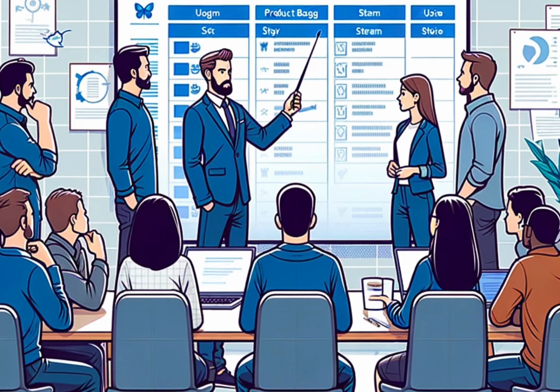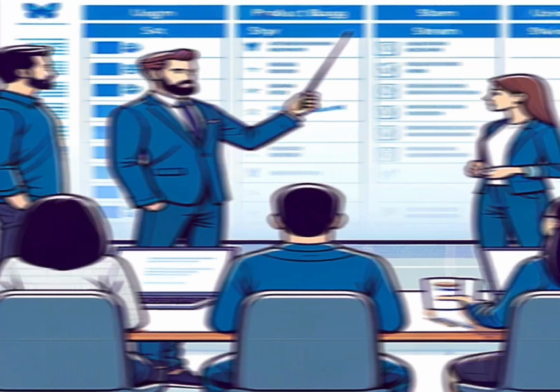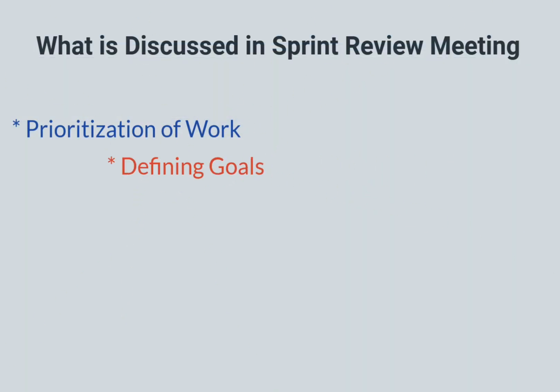The key points discussed in this meeting are: first, prioritization of work. The product owner presents the high priority items from the product backlog. The team engages in discussions regarding the value and specifics of each item, ensuring a clear understanding of the requirements and objectives. Second, defining goals.